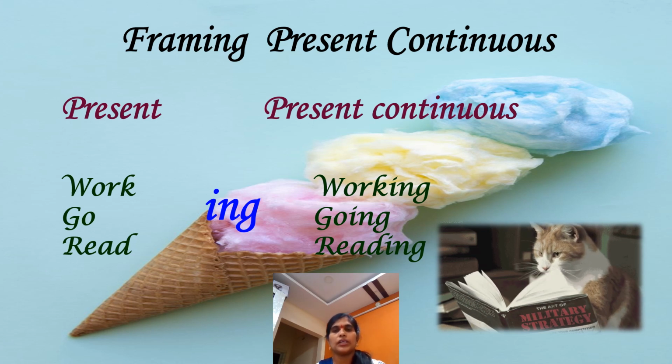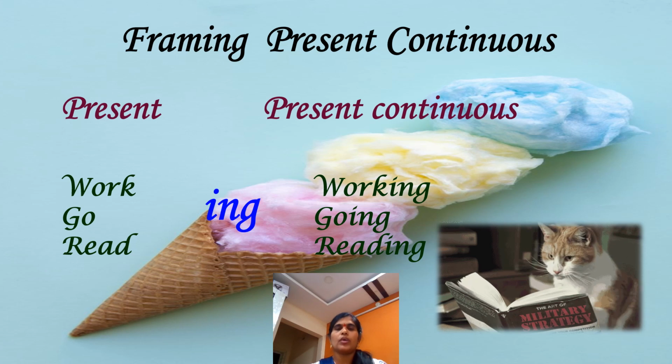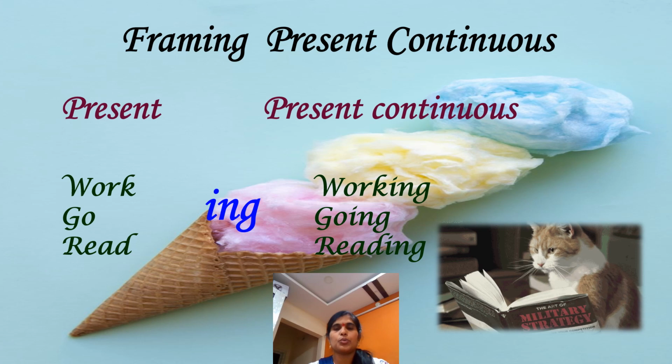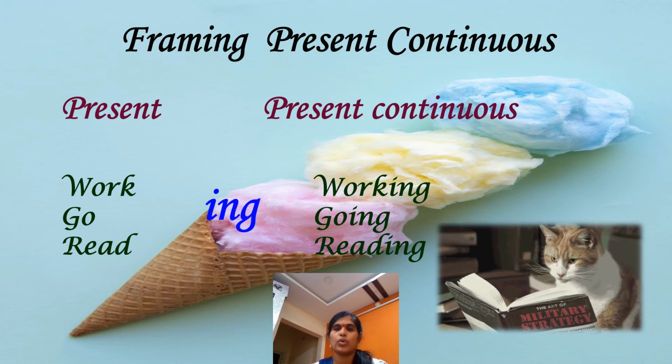Go plus ing becomes going. And read plus ing becomes reading. So, in this way, we first make the word into continuous tense. Please keep it in mind, children. In order to make the word into continuous tense, we have to add the letters ing at the end of the word.